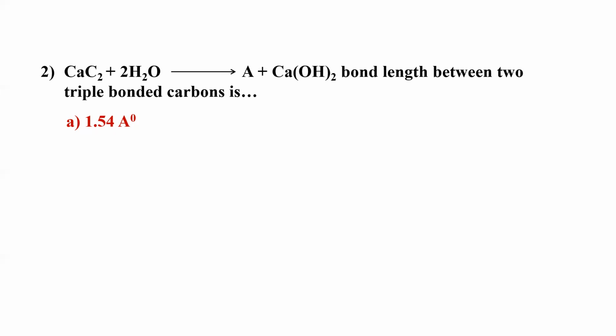Whereas look at how in competitive exams the questions can be completely altered. So this A is nothing but ethine. He is not asking you what A is, but instead he is asking what the bond length between the two carbon atoms is. Basically, he is asking us the bond length in a carbon-carbon triple bond. It is 1.2 angstroms.